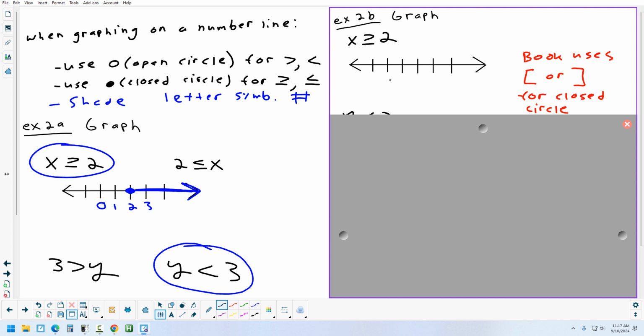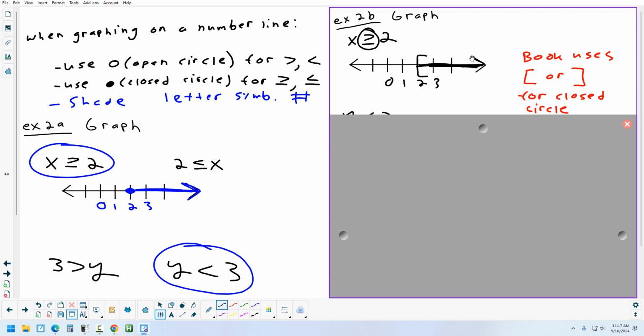So if you had your number line, instead of putting a closed circle on the number 2, this symbol is a bracket. So we're going to put a bracket on the 2. One thing you have to think about with the bracket is which way you're going to shade, because the bracket needs to face the way that you're going to end up shading.